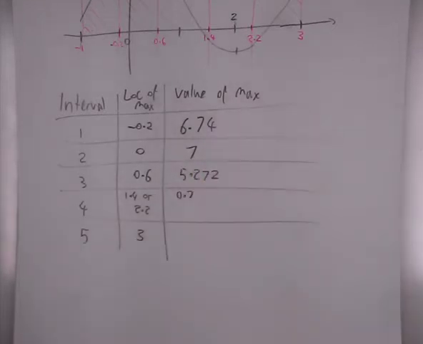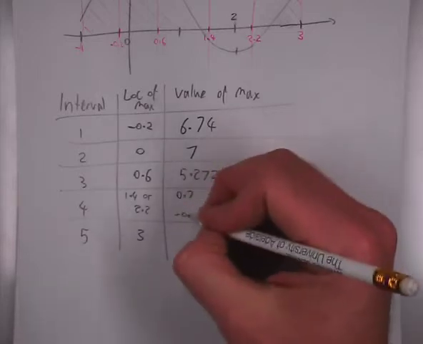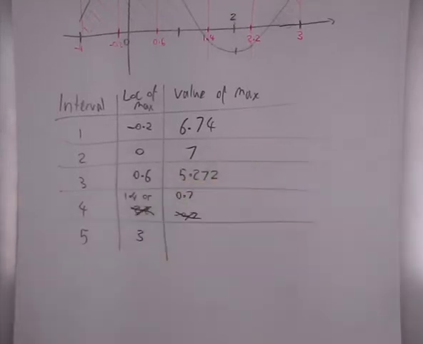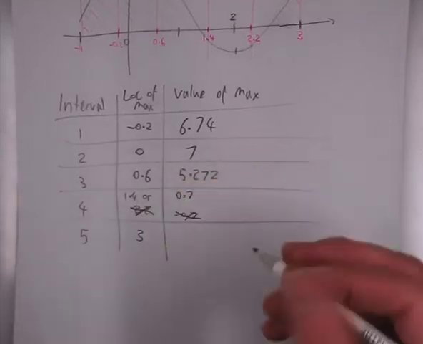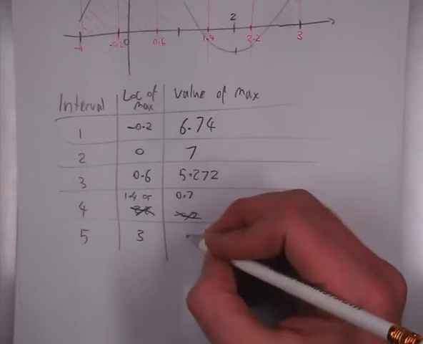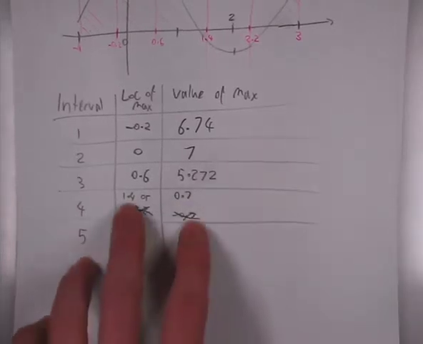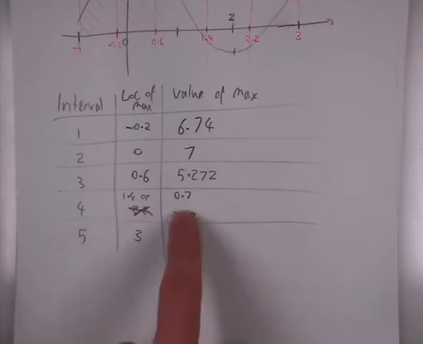And if I put instead 2.2, the answer is negative 0.7. So obviously not that one. Okay. And the final answer, this is 7 as well. So I've subbed in this one I wasn't sure where it was, so I just figured them both out and it wasn't that one. And so that's the value of the maximum.